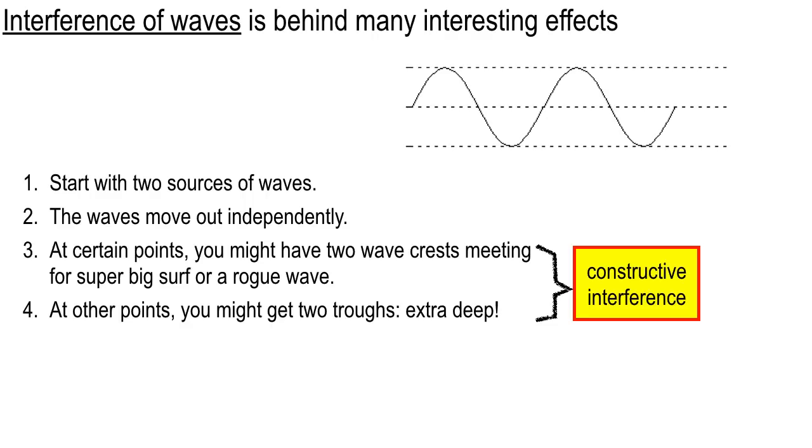The storm off the coast of Nova Scotia will send long-distance waves to the southeast, towards Bermuda. They'll meet somewhere in the middle, and at a certain point, at a certain time, you'll get two crests that meet, and then you'll be way up there. If you're in a rowboat out there, you'll be way at the top of that wave.